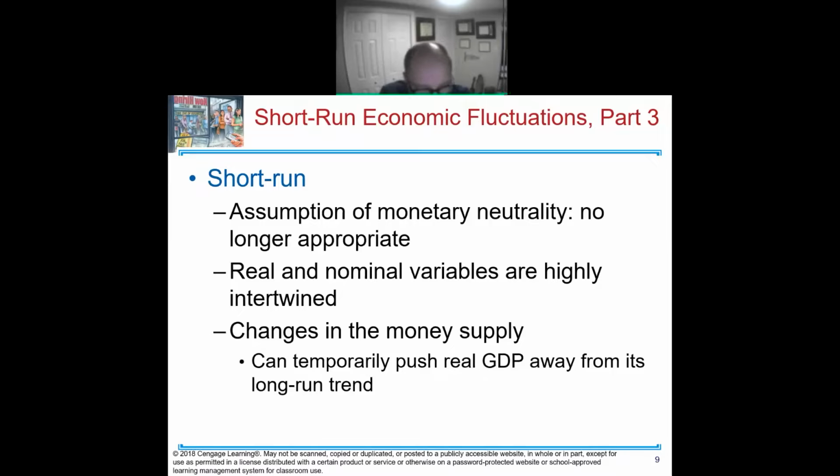Some changes in the money supply can be tied to GDP, but it's typically short run and it's typically temporary. So if we look at, for example, the current inflation situation, year 2021, we realize that it's probably temporary.